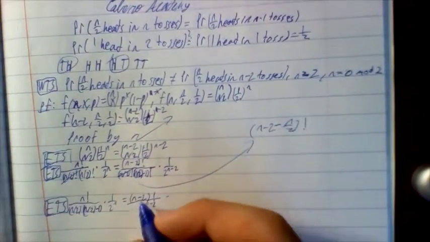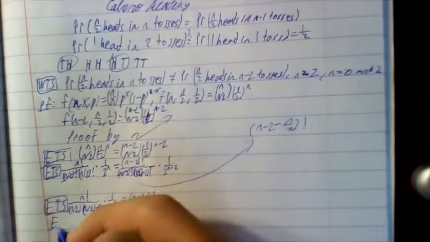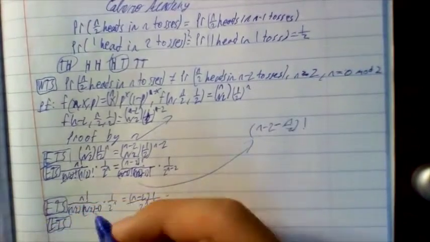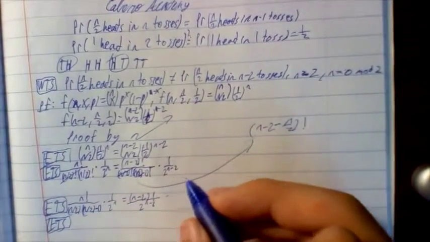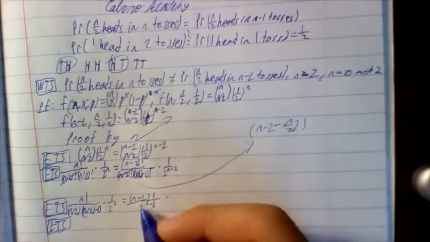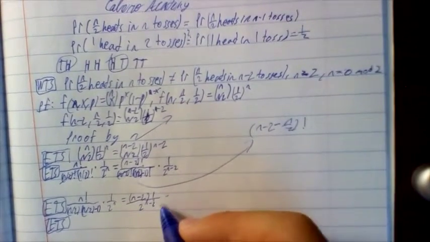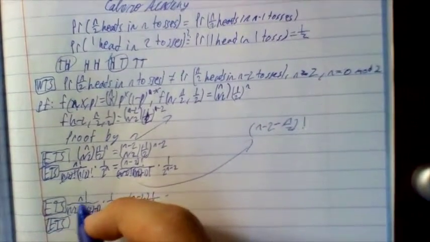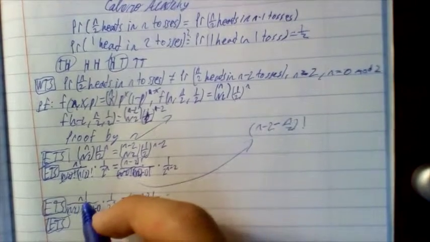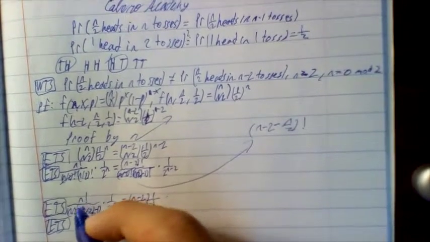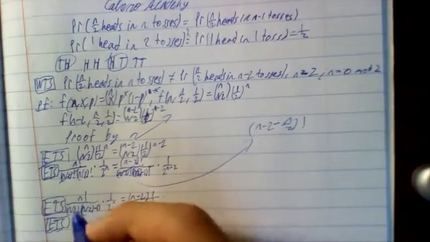So, let's continue the destruction in our proof by contradiction. Let's divide both sides by n minus 2 factorial. That will similarly get rid of everything behind n times n minus 1 over here.